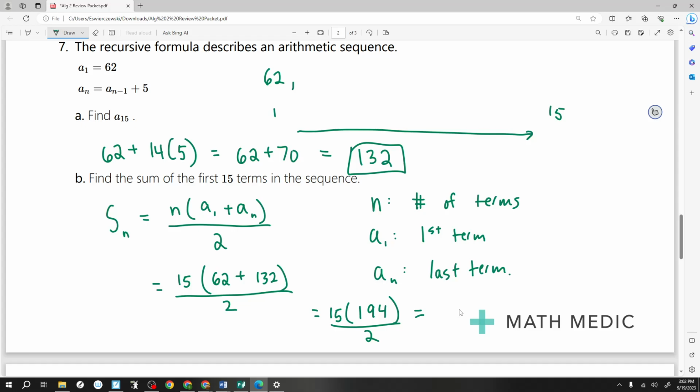Do 15 times 194. 2,910. And then if you divide by 2, you should get 1,455. Yeah. All right. You can use a calculator here.